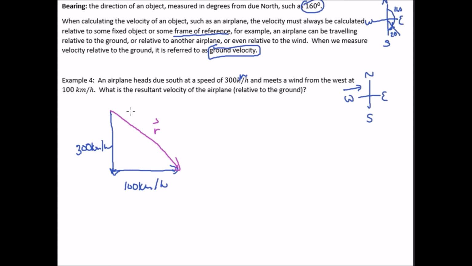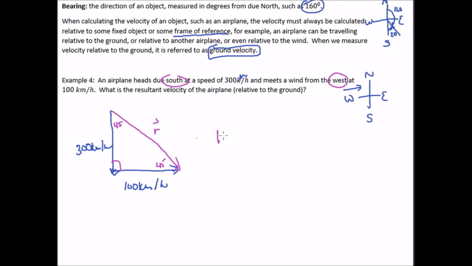Okay, so we know that we're going west and we're going south, so these angles are going to be 45s. This is going to be a right angle triangle, so we can just use Pythagorean theorem.